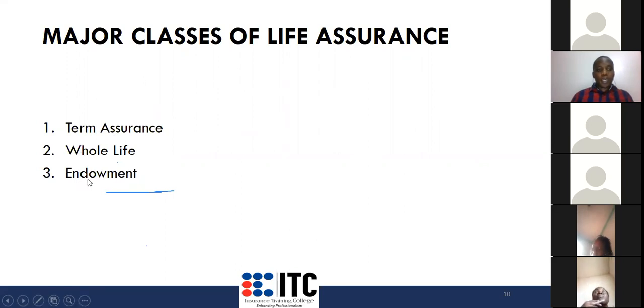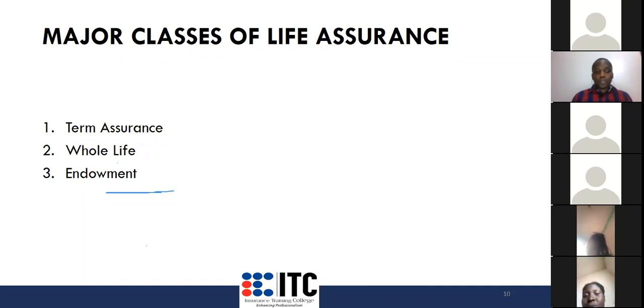The endowment is actually a combination of a term life and what we call a pure endowment. It has two aspects, where one is protection, one that pays out on death, and then the other aspect pays out in terms of a savings or an investment. So that's one that provides for the maturity value.